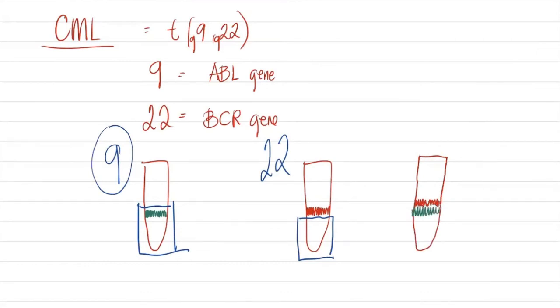Naging ganyan. So this is now your Philadelphia chromosome, a change in chromosome 22. So this is what we call the BCR-ABL gene fusion, which is characteristic of chronic myelogenous leukemia.